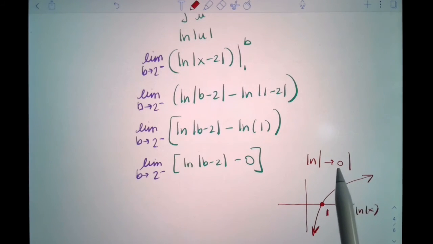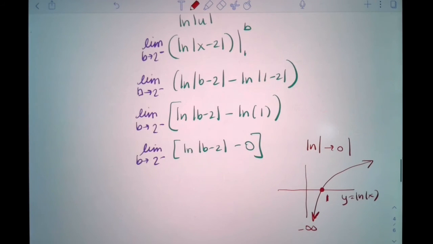If you're going to let the inside tend towards 0, then what is going to happen here is your values are tending towards negative infinity. You're sort of falling off a cliff. That's sort of what your outputs are doing. So you're evaluating this, and you end up with negative infinity minus 0. Well, that is negative infinity.